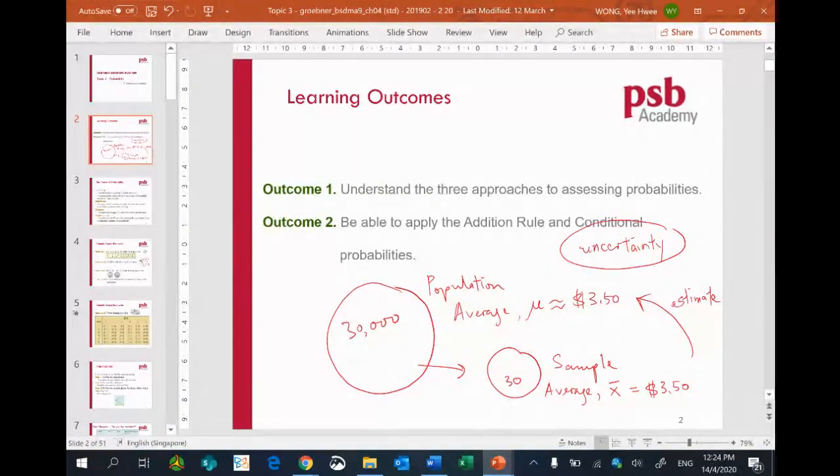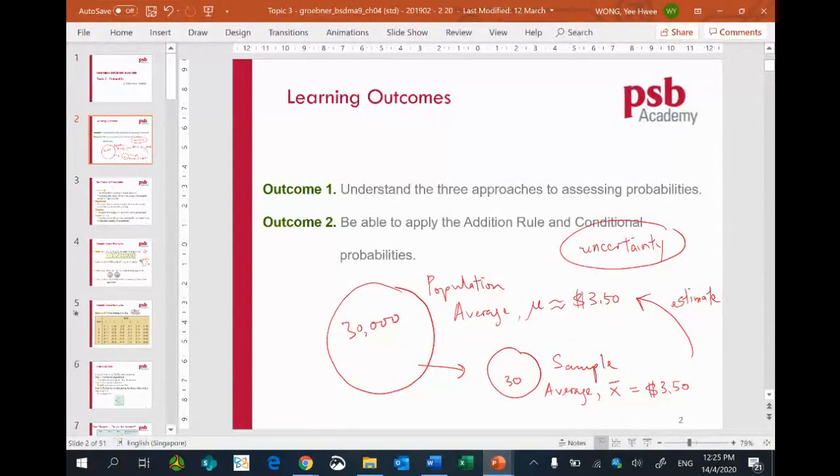Now, I understand that some students don't like probability, but don't worry, we are not going to advance probability. We are just doing basic probability so that you can continue on to the next two topics, which is also probability.